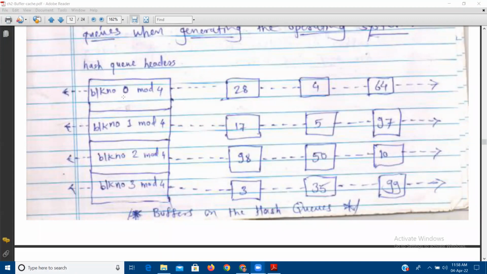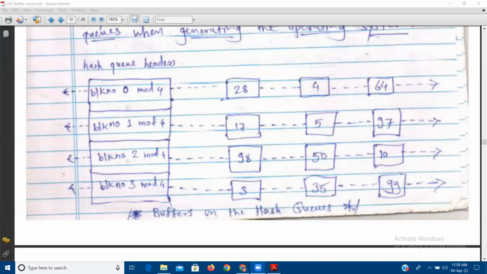Yes, students. In the same fashion, if you observe 17, 17 mod 4 remainder will be 1. 5 mod 4 remainder will be 1. 97 mod 4 remainder will be 1. So wherever the remainder is 1, such buffer numbers are kept as part of this queue. So this is the hash function.